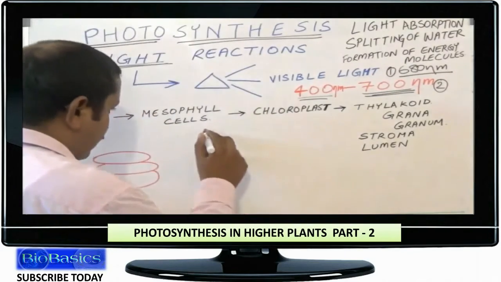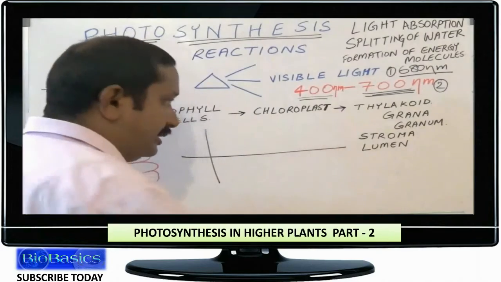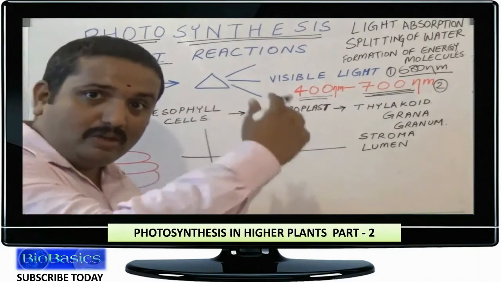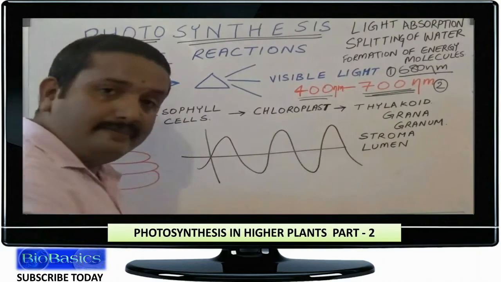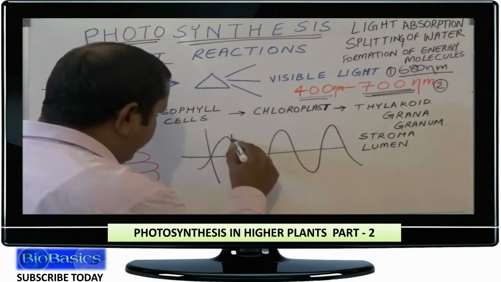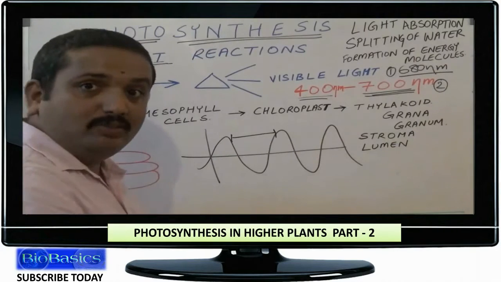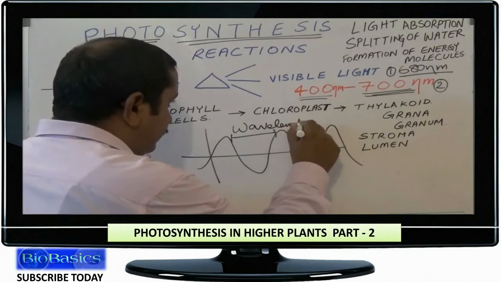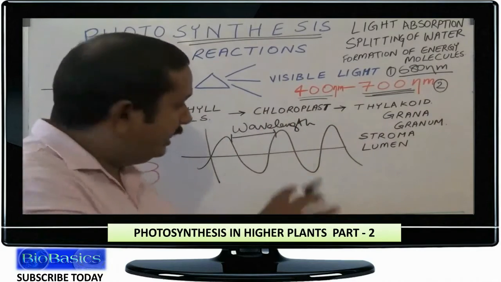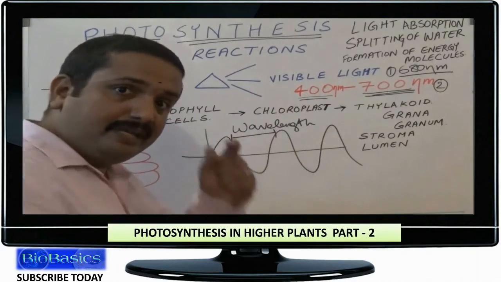Now, let us imagine that you have a bar here. This is how we generally measure. So, if the light is moving along, it will move as a wave. Okay? And the length between these two waves is what we call as wavelength. So, get this concept very clear.